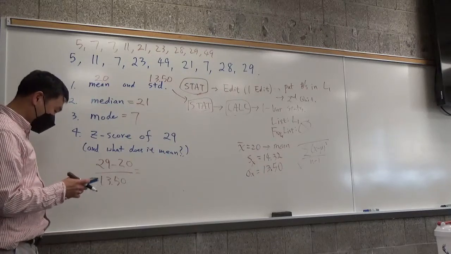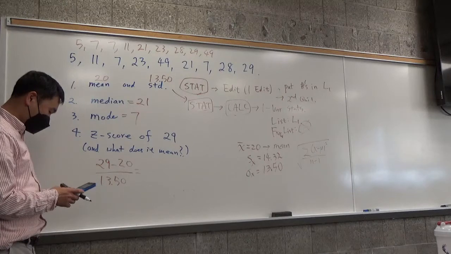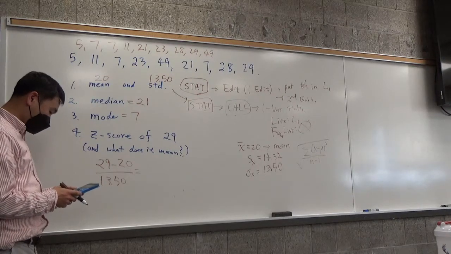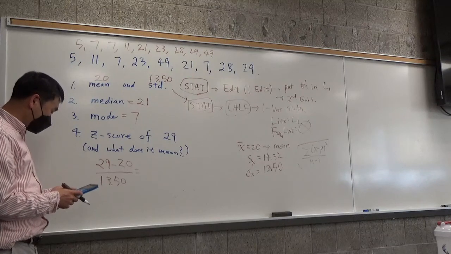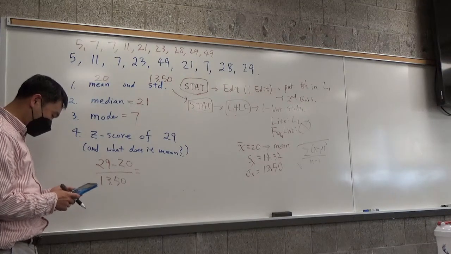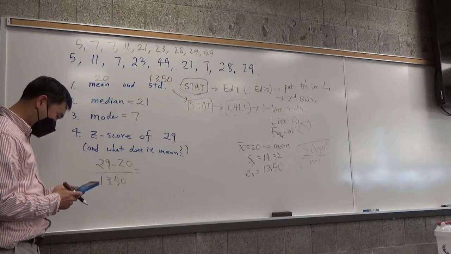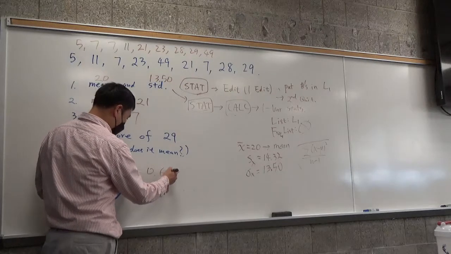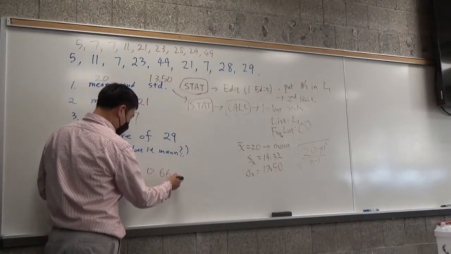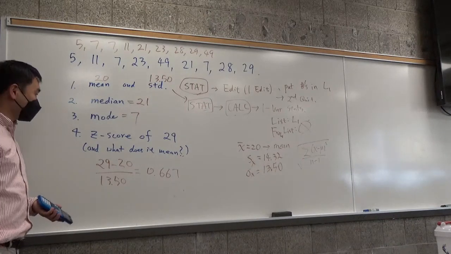Actually, it's just 9 divided by 13.5, right? Okay, so I get 0.66, something like that, okay? So that's what we get.